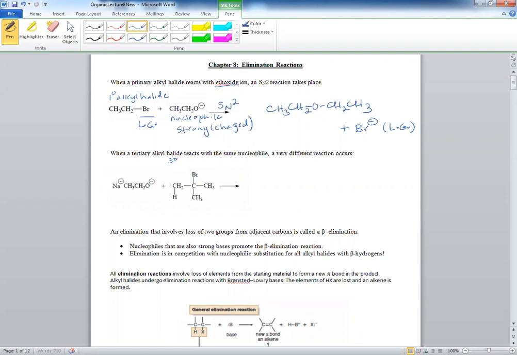Again, this carbon is attached to 3 other carbons. Again, we have a great nucleophile. It's charged. Remember, the Na here is a spectator ion.